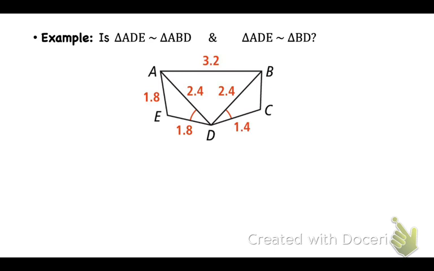Okay, so now we have two questions. You have a left-hand question and a right-hand question. So I want to know if these two triangles are similar, and then I want to know if those two are similar. Do you see how I have each side of your picture on your paper? Okay, so we have triangle ADE over triangle ABD, and writing it like this, guys, will help you.